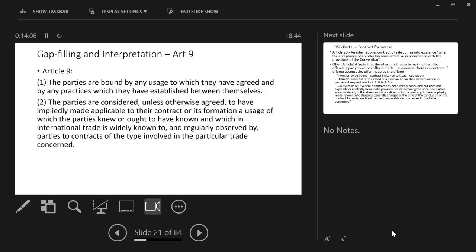This will make a variety of our sort of ICC standards, particularly in relation to transport and shipping terms, potentially relevant.